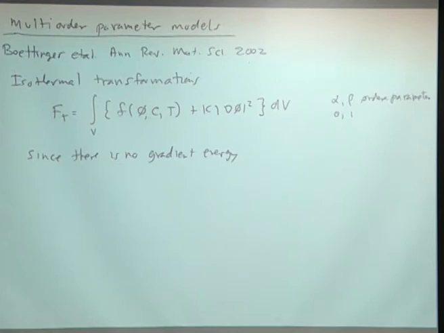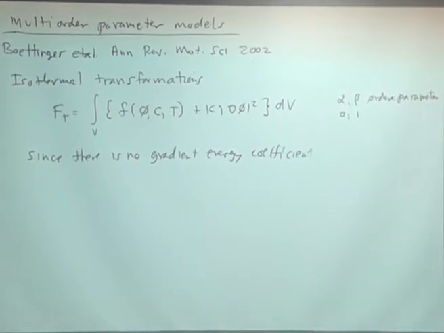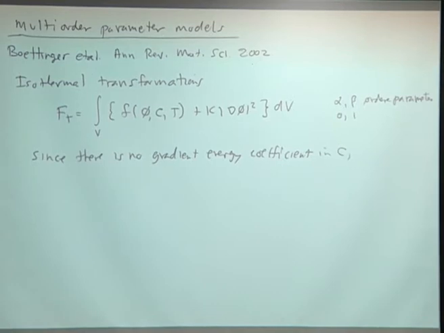But one of the nice things about setting up a model like this is that since there's no gradient energy in composition, all of the equations will be second order in space.